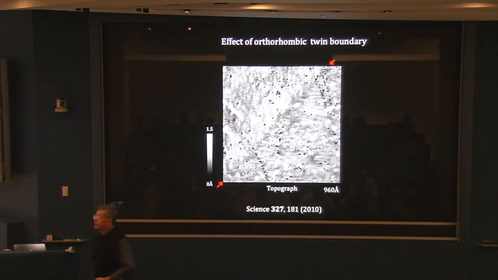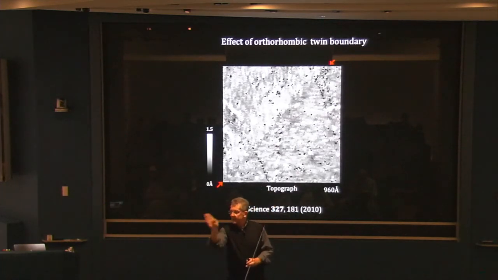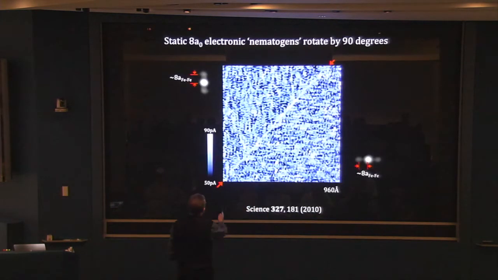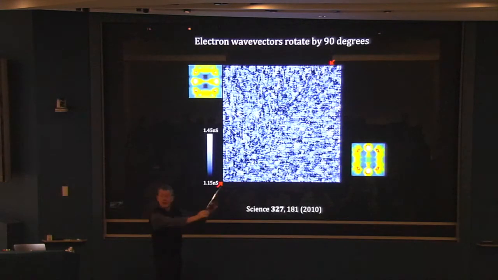Finally, my students were able to find a twin boundary, which is along here. At that boundary, the crystal symmetry rotates from one direction, let's say east-west, to the other direction, north-south. We could show that the nematogens were aligned in one direction on one side and in the other direction on the other side. Furthermore, we could show that the wave-like states were dispersing in one direction on this side and in a different direction on that side.